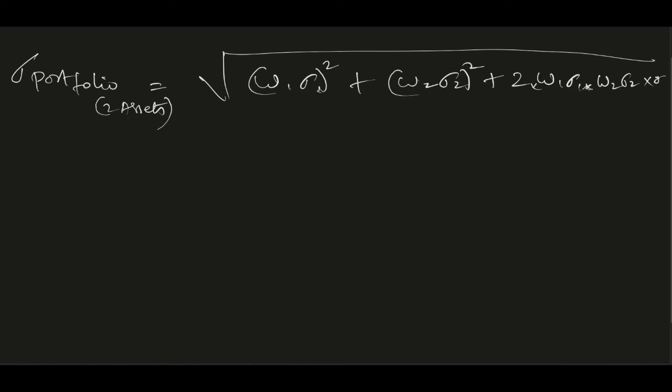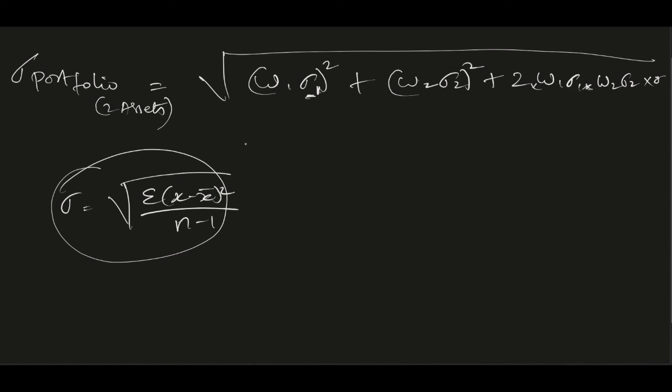Because see, standard deviation, this is the first standard deviation, and how do I find out this? Standard deviation is equal to root of summation of x minus x bar the whole square divided by n minus 1. This is for sample standard deviation. Now once I find out this standard deviation, I will write it over here, and the weight that I'm allocating to that asset.